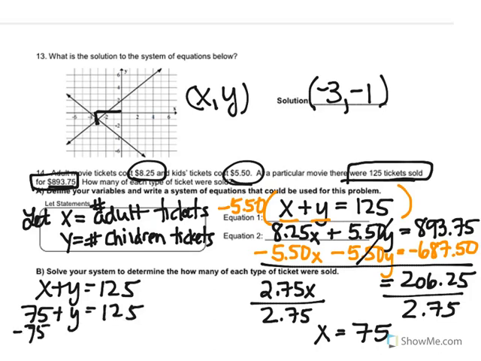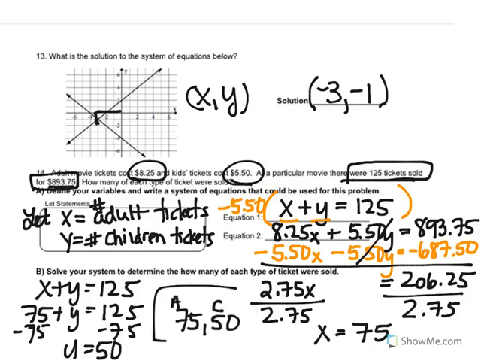Subtract the 75, and we find out y equals 50. So there were 50 children's tickets sold. So we have 75, 50. This is adults, this is children. Bam! Okay, let's look at number 15.